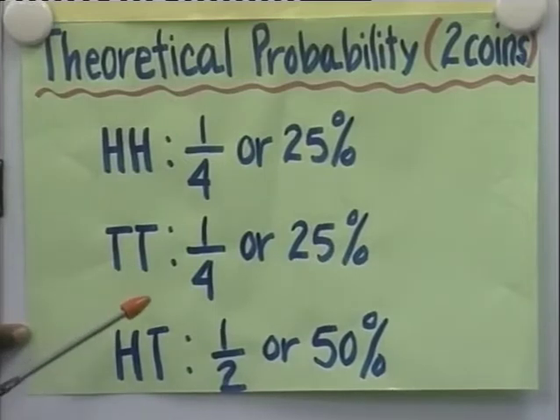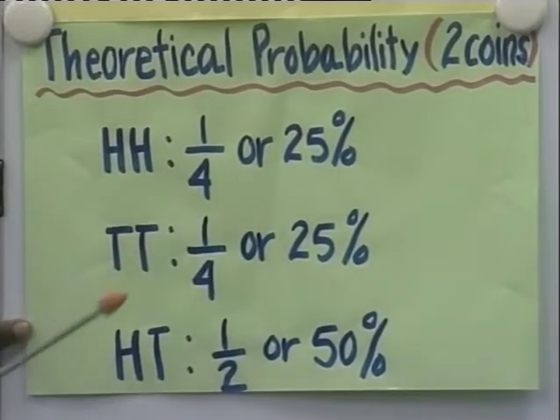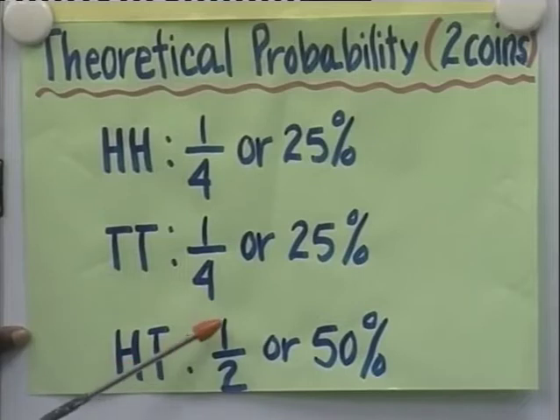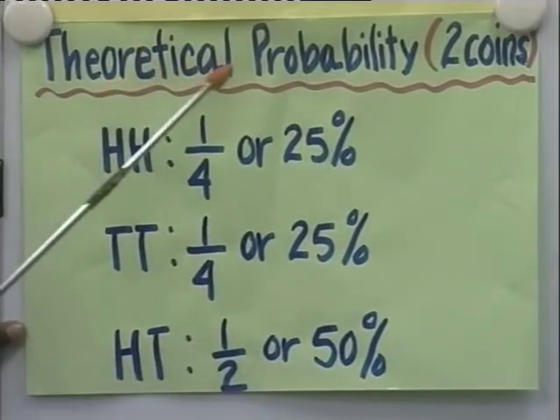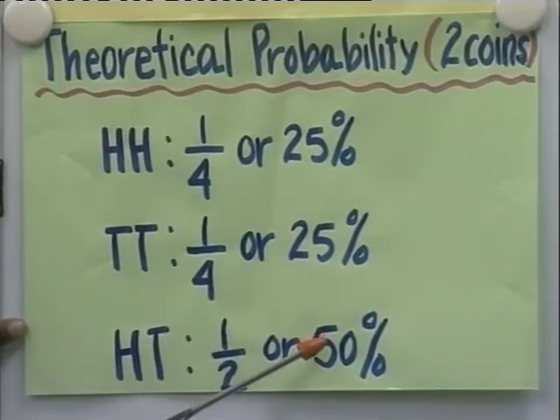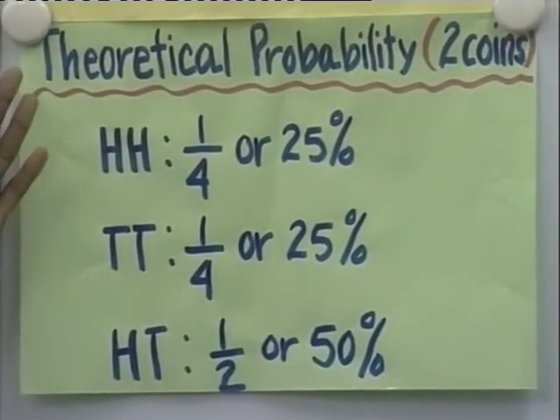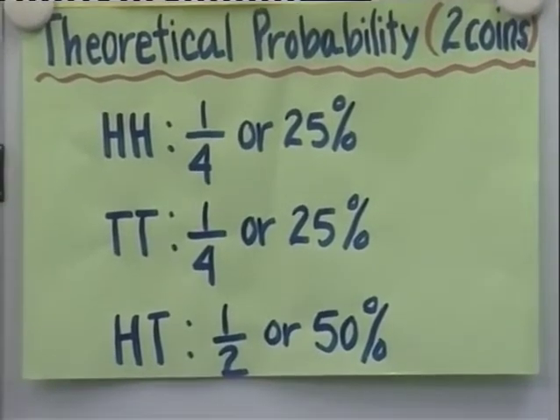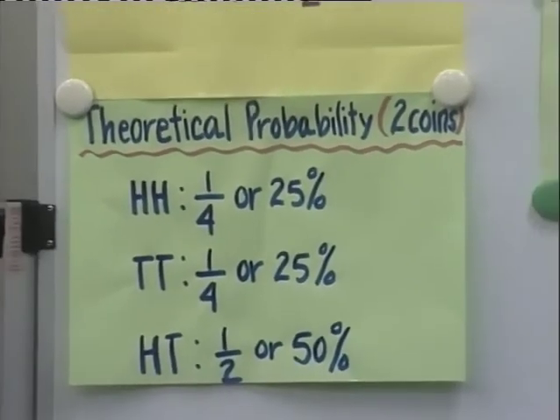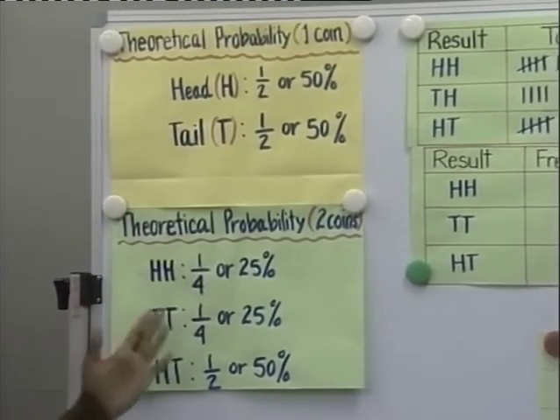Tail-tail will always be 1/4 or 25% as percentage. And head-tail, the theoretical probability will be half or 50% as percentage. So these are the theoretical probabilities that you expect to get when you toss one coin or two coins.